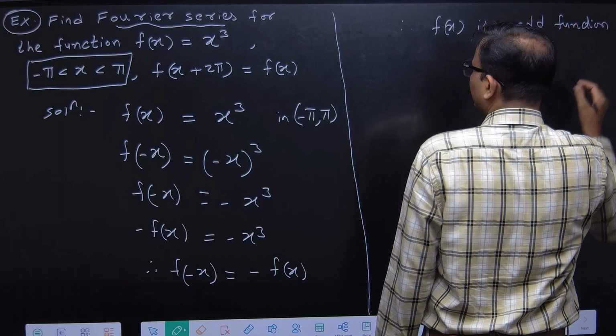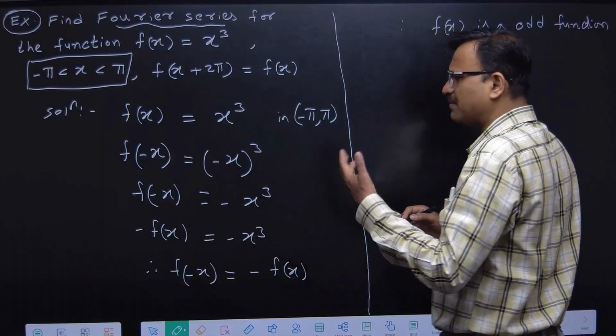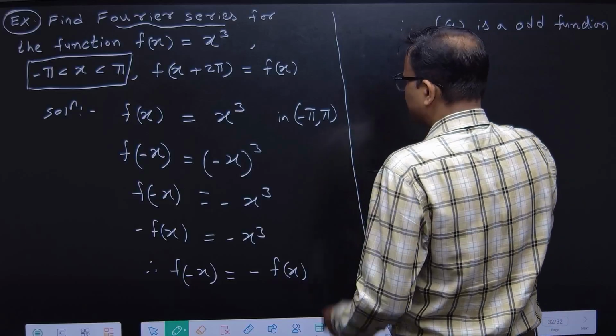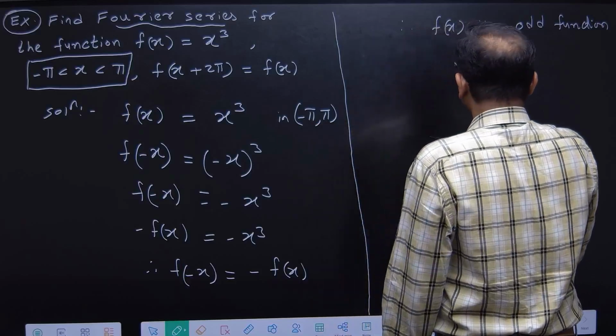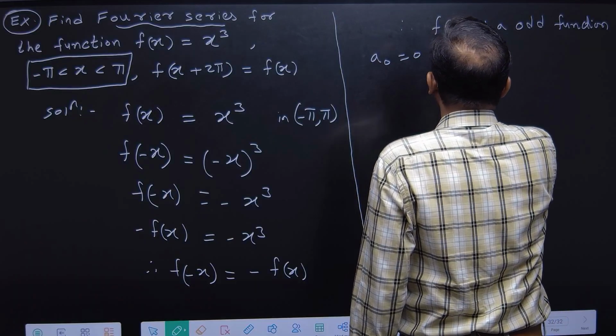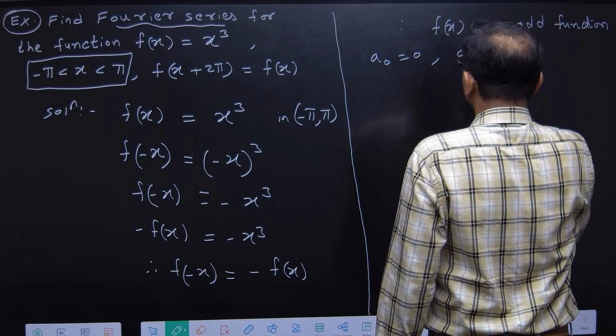So we know that if we replace x by minus x and it becomes negative, it is an odd function. The given function is an odd function in this interval minus pi to pi. And if f of x is an odd function, we know that a0 is 0 and an is also 0.